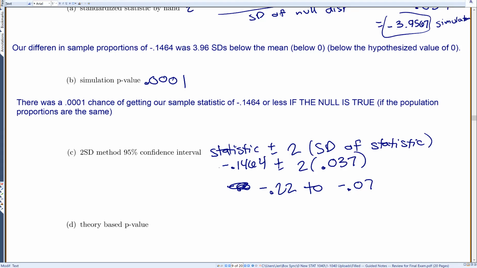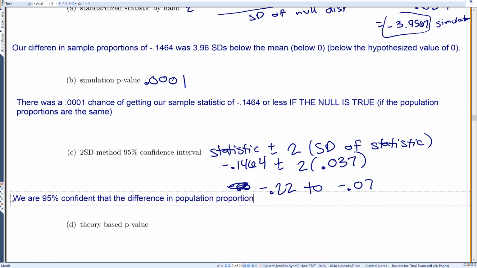And if I was going to interpret that, I could say something like, we are 95% confident that the difference in population proportions is between negative 0.22 and negative 0.07.